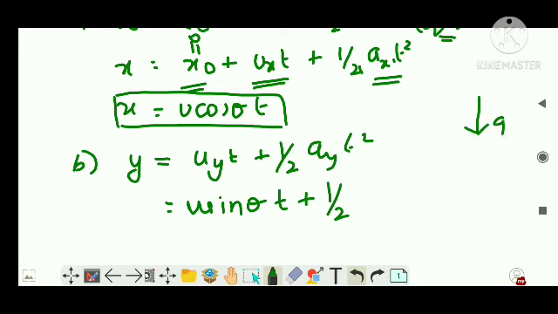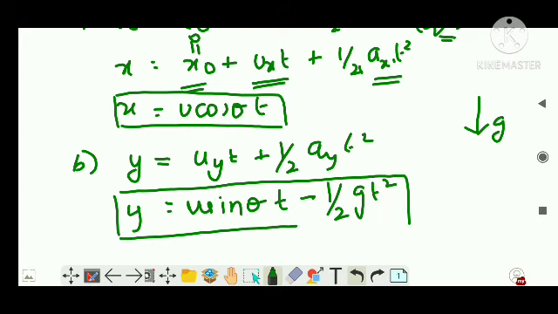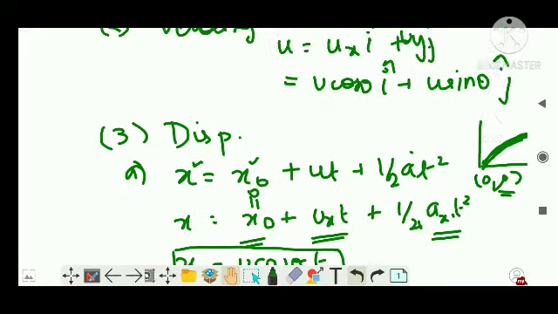Ay is g downwards, right? And this is minus, so here I am supposed to write minus half gt squared. Now that is the equation for displacement of the body in projectile motion in y direction. Clear?